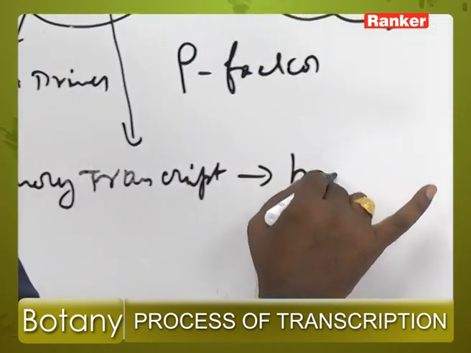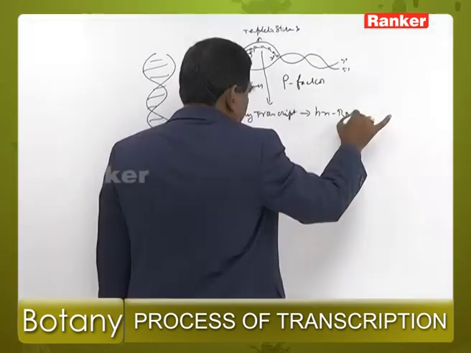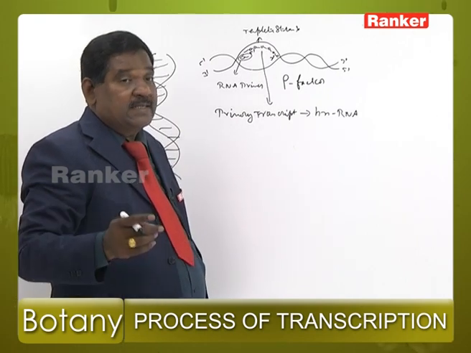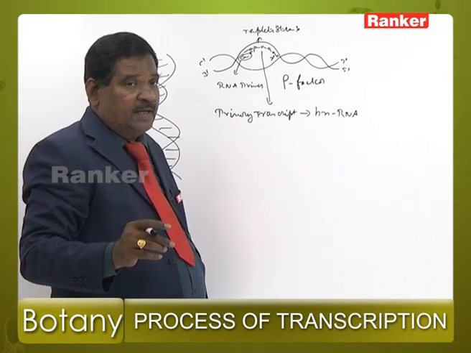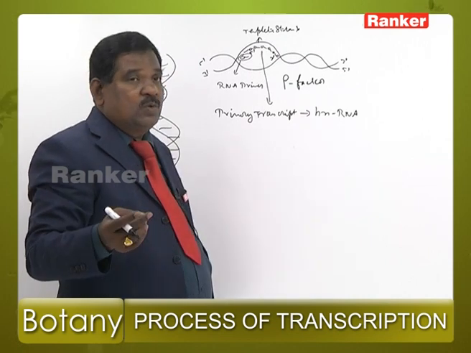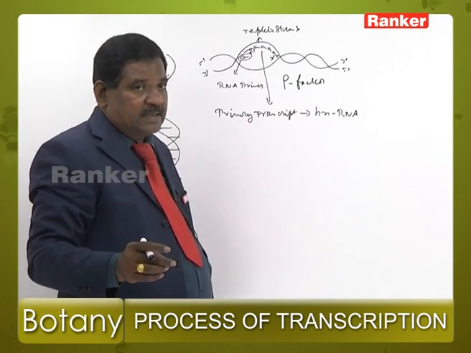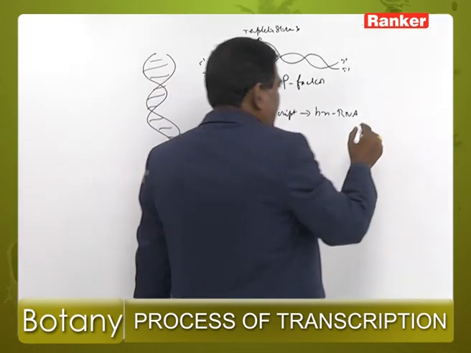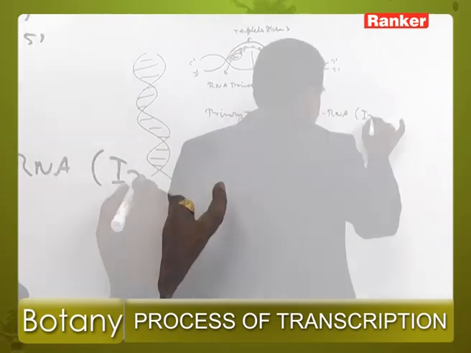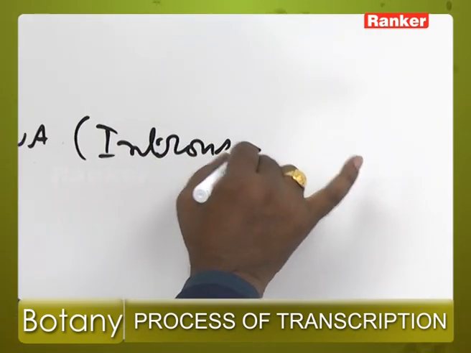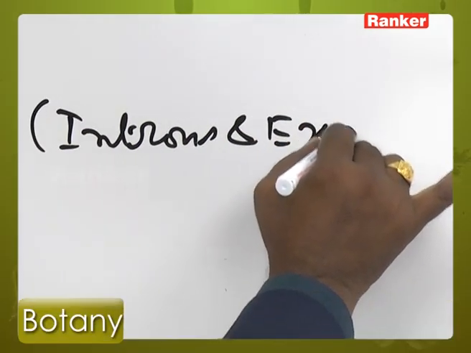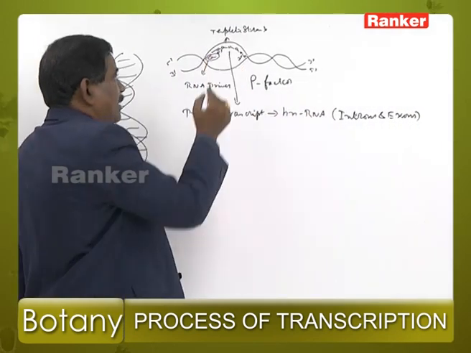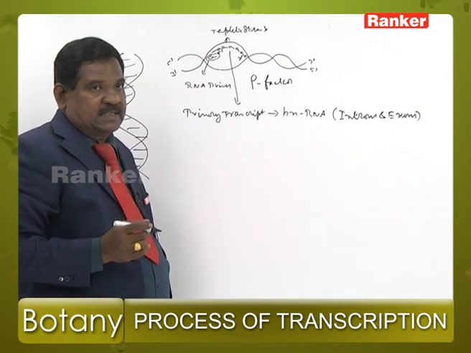That is called hnRNA, heterogeneous nuclear RNA. Why is it called heterogeneous nuclear RNA? Because it consists of two types of regions, introns and exons, since the template strand consists of split genes.